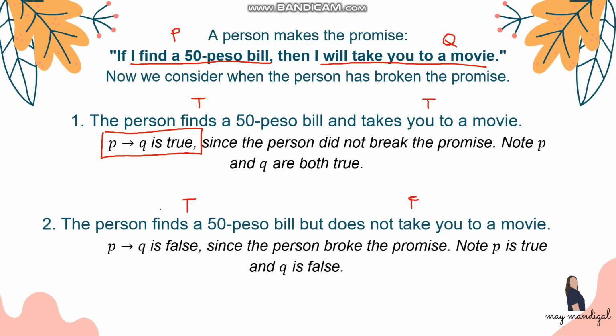So, as you can see here, the person broke the promise, because the person finds a 50 peso bill, but did not take you to a movie. So now, our conditional proposition is false. Remember from the previous slide, if the antecedent is true, the consequent must also be true. If it's false, like in this case, then that means the implication or the conditional proposition is false.